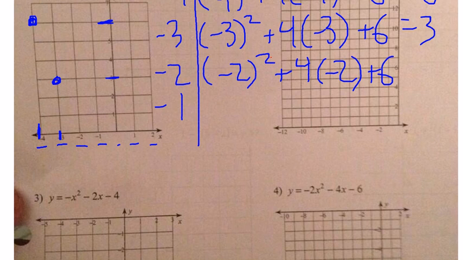Then I'll look at 0, 1, and 2. So again, with each of these, I'm just going to replace my x with that value. So for -2, I get -2 squared is 4. 4 times -2 is -8. So 4 plus -8 is -4. -4 plus 6 is 2.